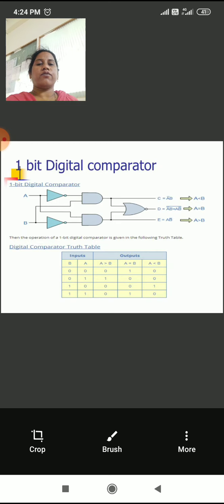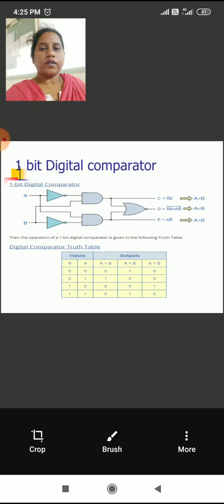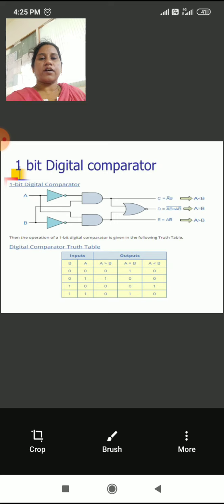This is the equation for the XOR gate, that is nothing but A is equal to B. When the values of A and B are equal, that is A is equal to B. And the E operation is nothing but A into B bar. It is nothing but A is greater than B. These are the three outputs of a single bit digital comparator.